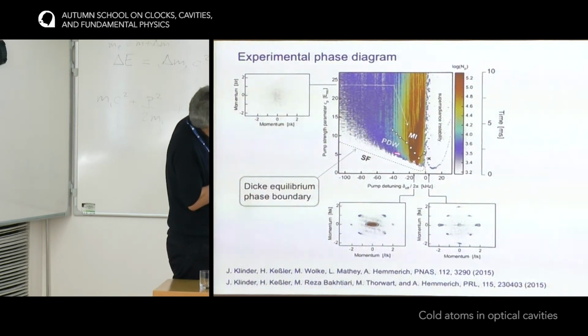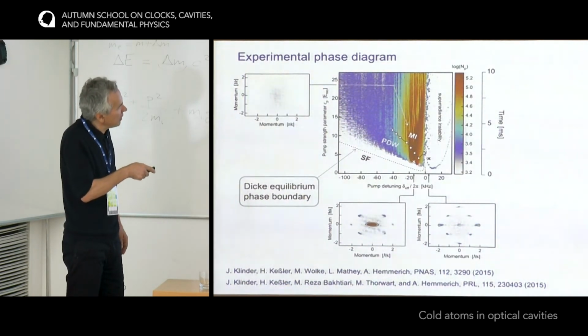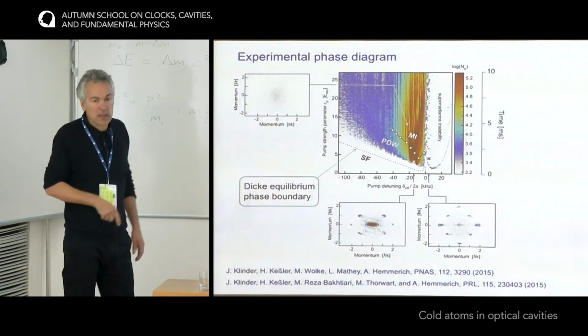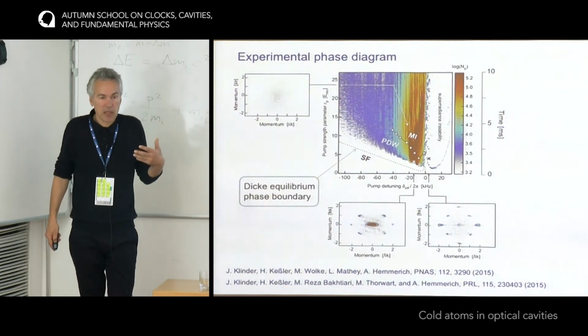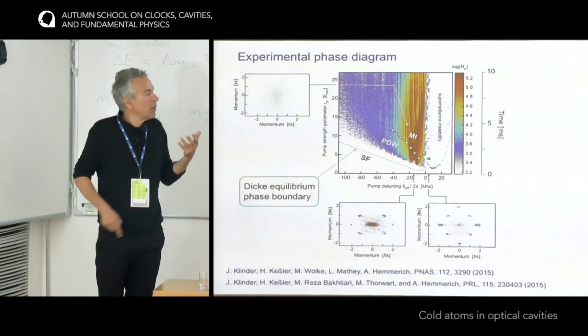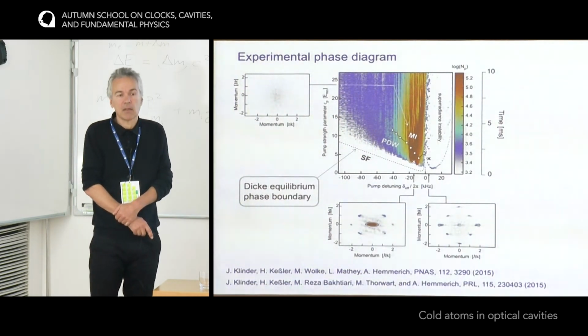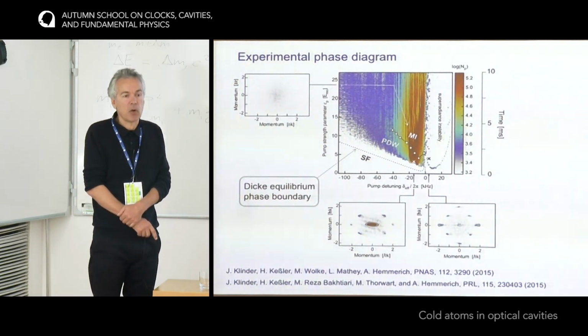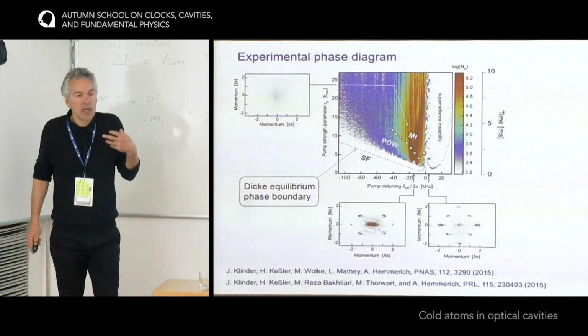And that again means that we are not crossing the boundary between these two phases very slowly, but with a certain speed. We cannot go much slower because there are other processes in our experiment that limit the lifetime of our atoms. So we don't have all the time we would like to.